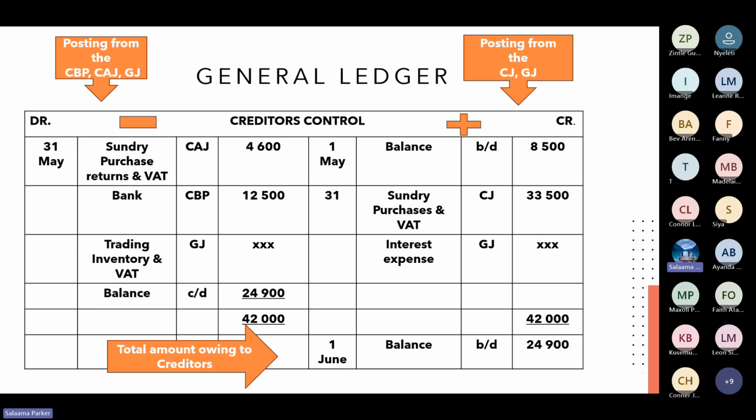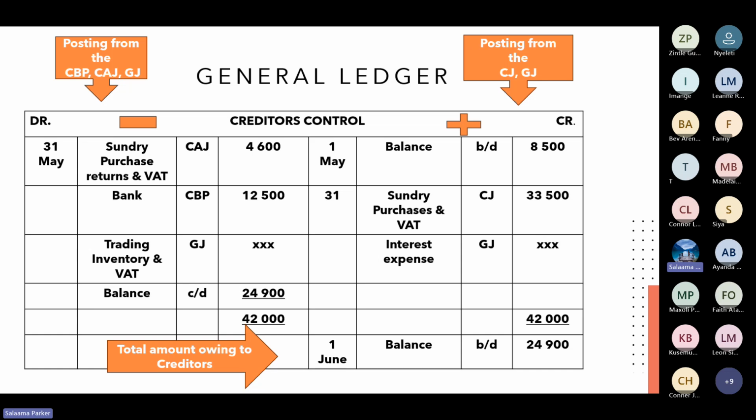What am I going to be calculating in this account? I'm calculating the amount owing to my creditors. So what will increase my balance? Any purchases that I've done on credit will increase my balance of my creditors. And if my account is in arrears, that will also increase my balance.